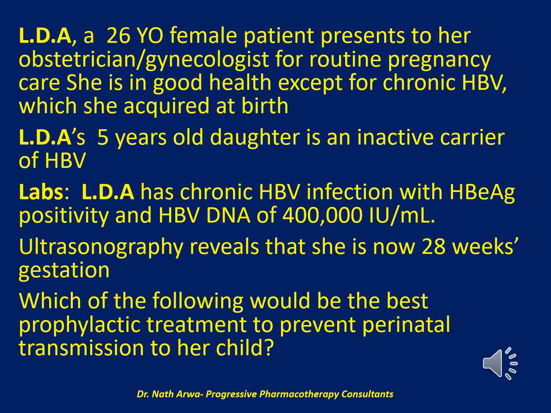According to her pertinent labs, LDA has chronic HBV infection with HBeAg positivity and HBV DNA of 400,000 international units per milliliter. Her ultrasonography reveals that she is now 28 weeks gestation. So my question to you is, which of the following would be the best prophylactic treatment to prevent perinatal transmission to her child?